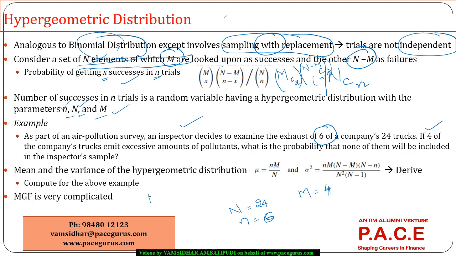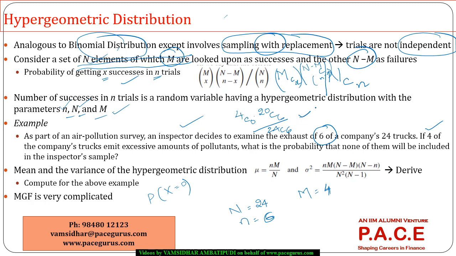So I want the probability of x equal to 0. I can directly compute using my formula MCx. Out of the 4, I am not picking any, 4C0. Out of the remaining 24 minus 4, 20, I am picking all the 6, 20C6, divided by out of 24, I can pick some 6, 24C6.